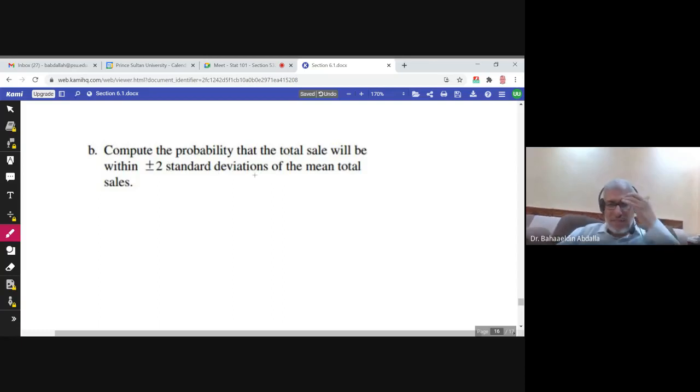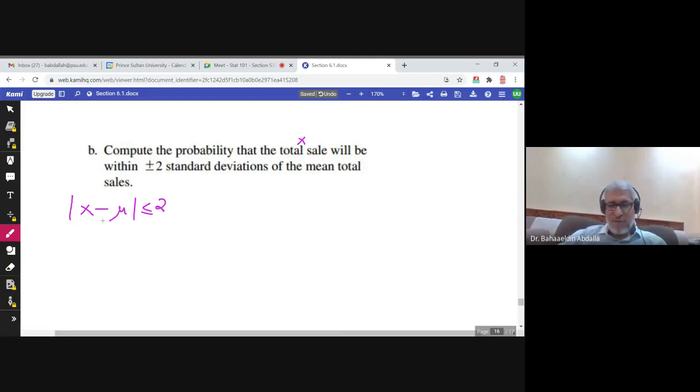Compute the probability that the total sale, which is X, will be within plus or minus 2 standard deviations of the mean total sales. So the difference between X, the total sale, and the mean total sales is within plus or minus 2 standard deviations.